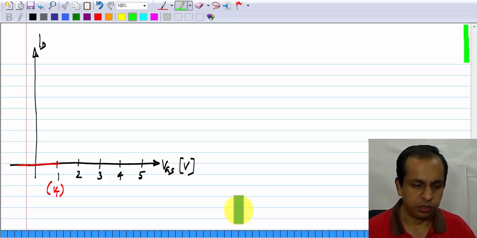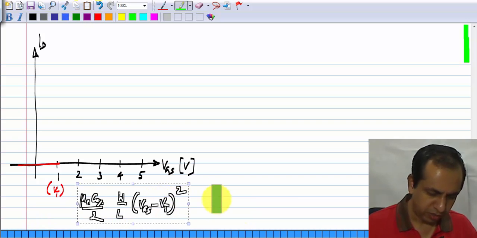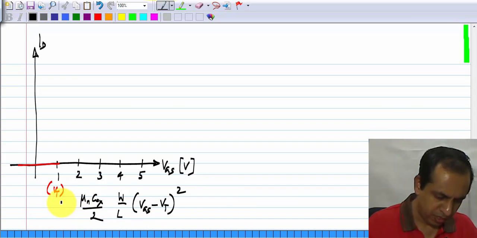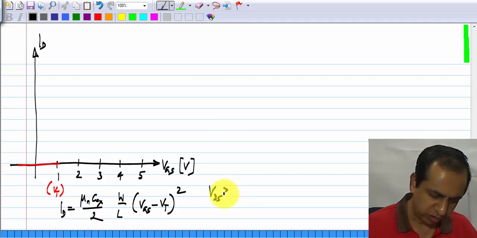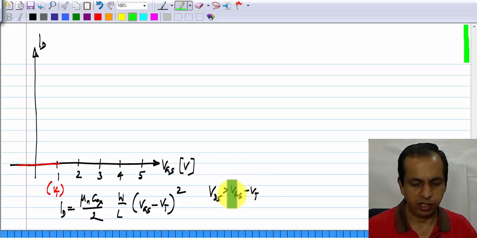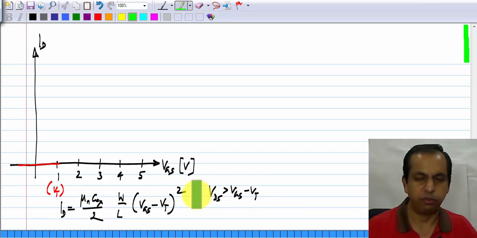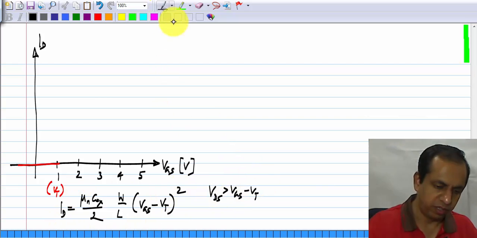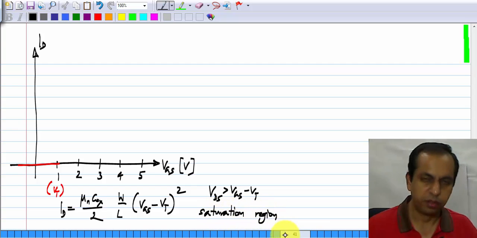And I will choose that case. That is, I have assumed that the transistor is in the saturation region. If I choose VDS to be a very large number, this will be the case regardless of the value of VGS. This will be satisfied and the current will be independent of VDS. Just to remind you, this is also called the saturation region.